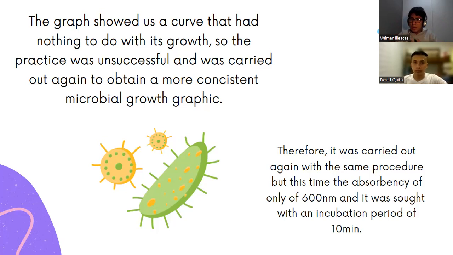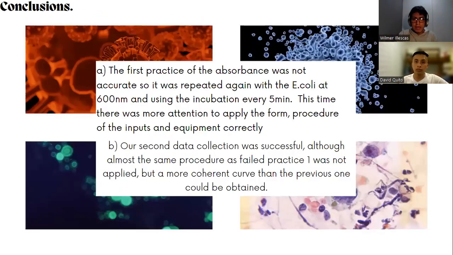Our teacher told us that the problem could have been that we put too much bacteria inside the solution, and therefore we couldn't calculate the absorbance very well, because as we had more bacteria there, the light couldn't pass very well, or something related to that. And yeah, so now we're going to talk about the conclusions, which is in charge of my partner.